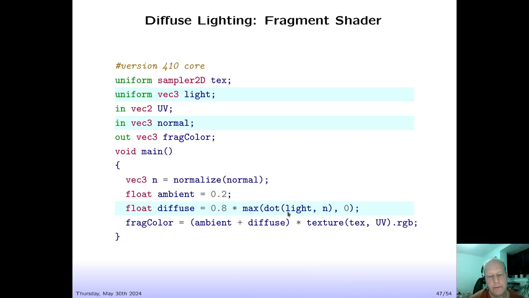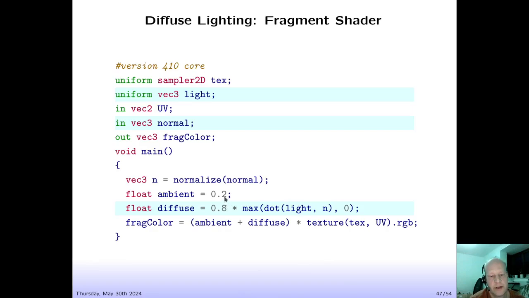And then we can take the dot product of the light vector and the normalized normal vector, and we take the maximum of that and 0 to make sure we don't get negative values in our brightness. And this is basically the cosine of the incident angle of the light for each surface pixel. This tells us how bright this pixel should be.